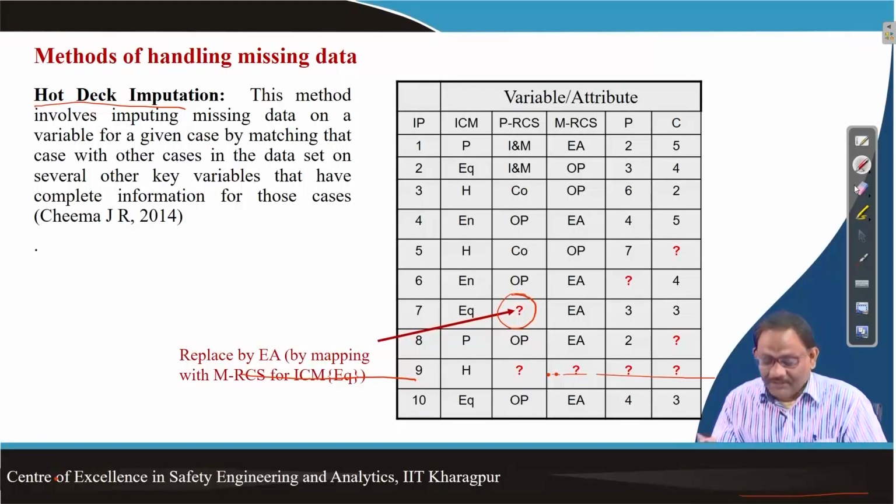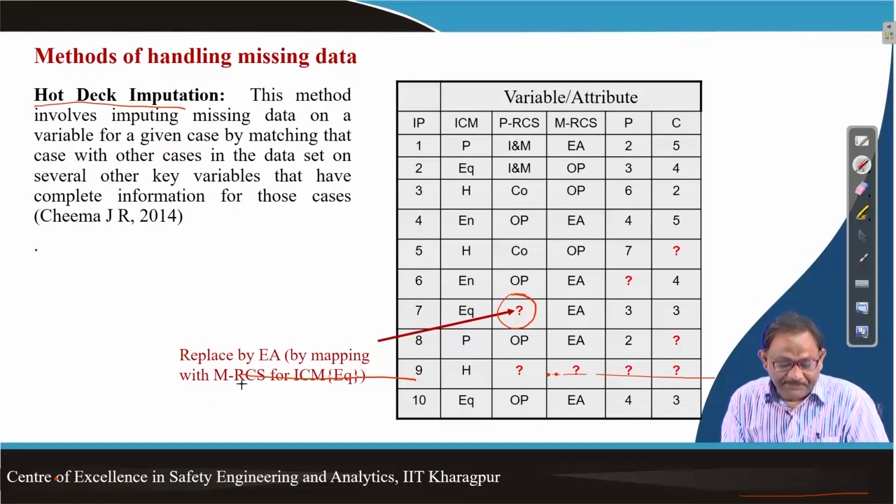For example, here this one can be replaced by EA by mapping MRCS. We mapped with MRCS, this is MRCF, and then actually for ICM equipment, because in ICM, incident causing equipment related cases we considered first.